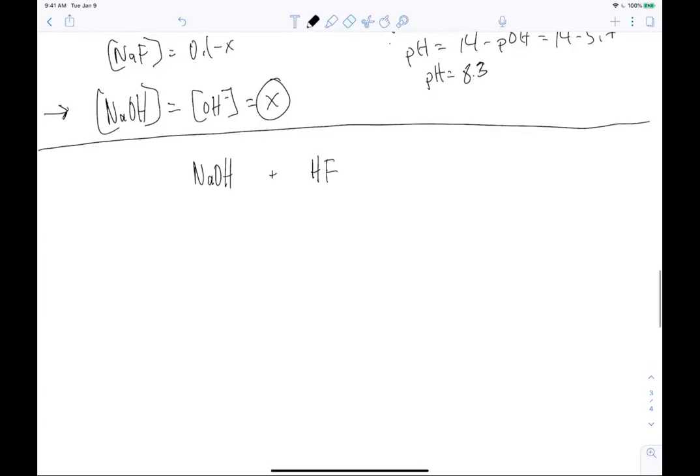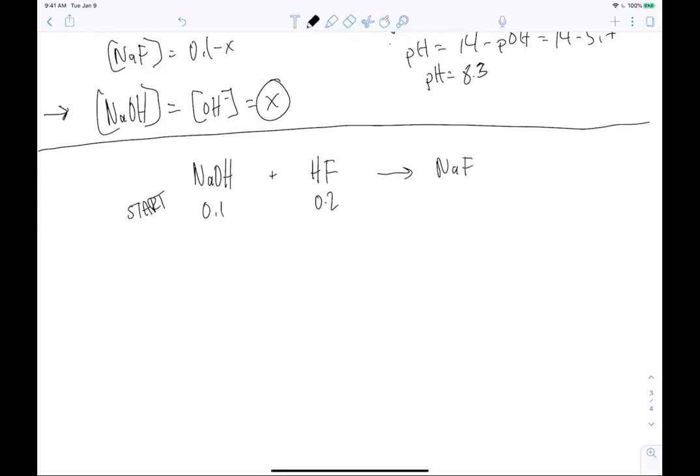Let's say that we start with, so let's assume that we're always in 1 liter of water here, but let's say we start with 0.1 of this, but instead of having 0.1 of hydrofluoric acid, we have 0.2.